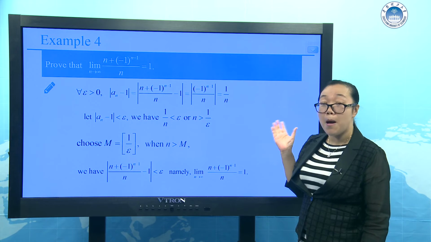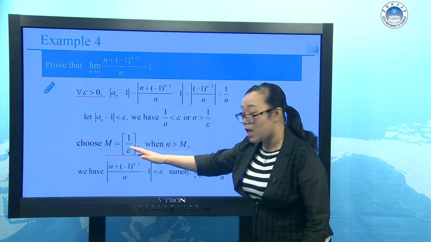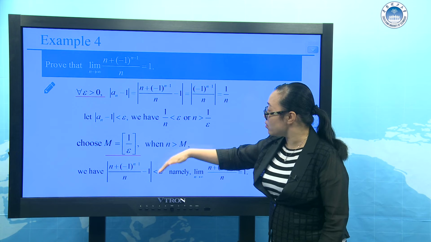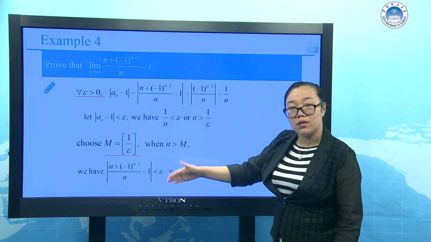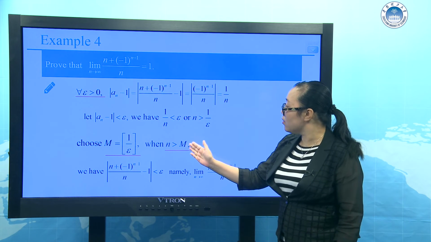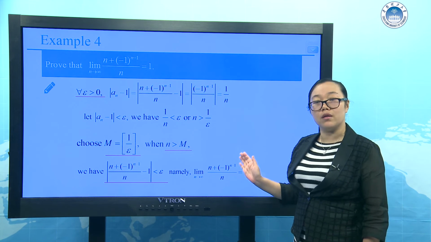Try using the mathematical language. For any epsilon greater than 0, we can find capital M. Capital M is decided by epsilon, equals the integer part of 1 over epsilon, and then if n is larger than capital M, we have the expression, means the limit equals 1.